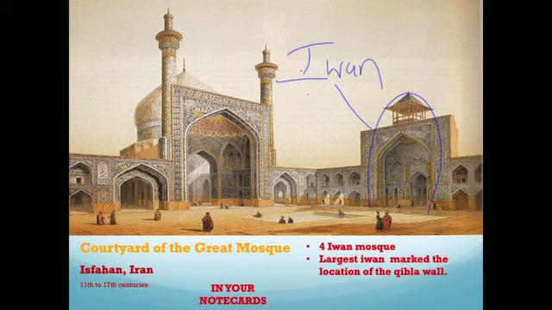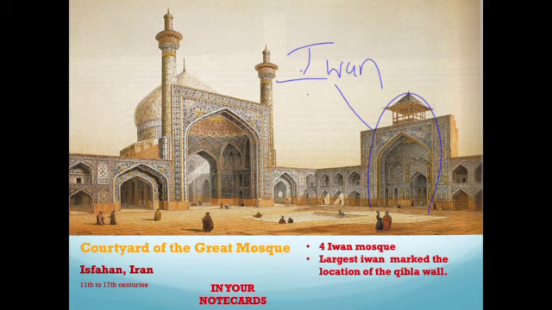The first thing I want to say is that this mosque is extremely beautiful. It is covered in tiles that cover the minarets and the mihrab dome, and really all areas of the mosque itself, and it's covered in a lot of blue. But it is known for an architectural feature called an iwan.